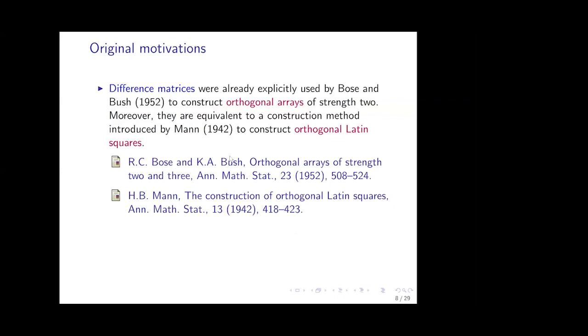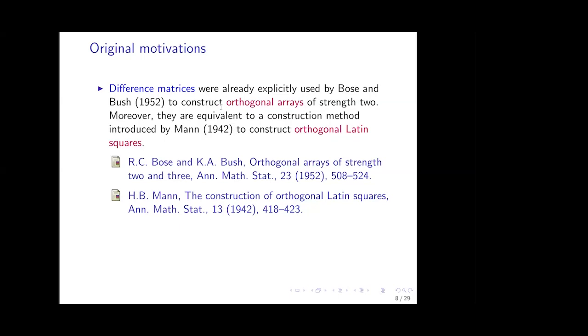Here, I want to say more on the original motivation for why people study difference matrices. This concept was first explicitly used by Bose and Bush using different terminology, not this terminology. This terminology was first given by Nicol in 1970. Bose and Bush are famous statisticians.